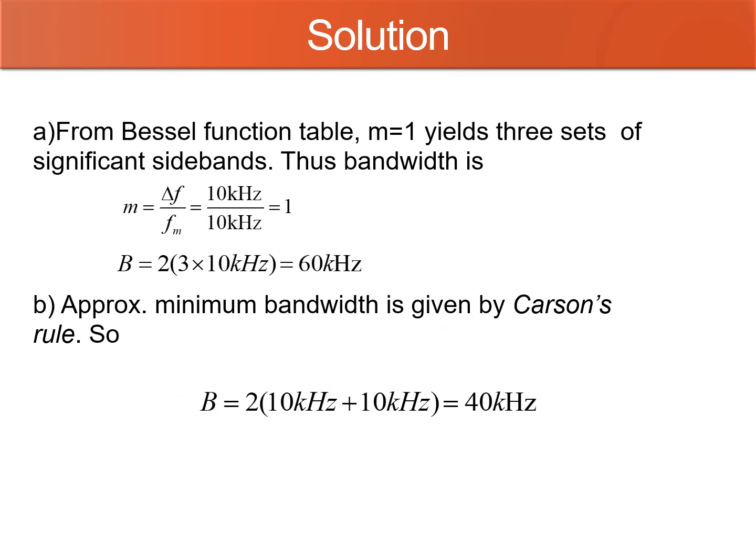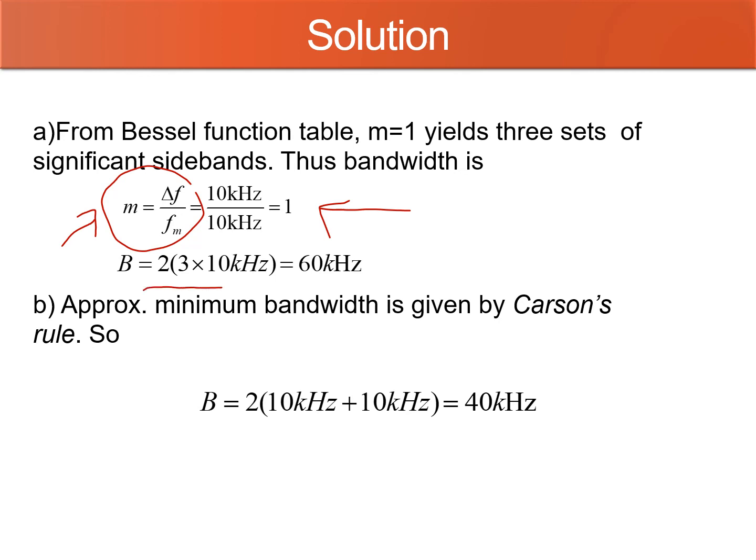For the first solution, we identify the values of delta F and Fm and substitute into this equation. Both values for delta F and Fm are 10 kHz. So now m equals 1. Refer to the Bessel function table.